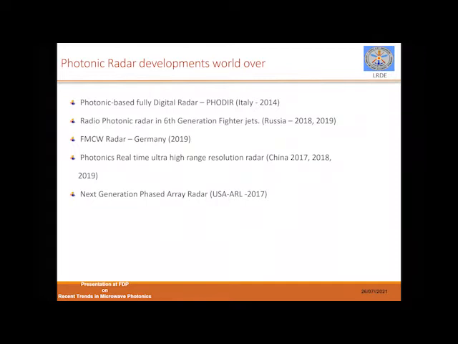Similarly Germany in 2019, and the Chinese keep on reporting many radars in 2017 and 2018, but all of this has been reported only in some publications. One thing I wanted to tell you is that I'm quite sure the other parts of the world have already progressed with photonics radar.